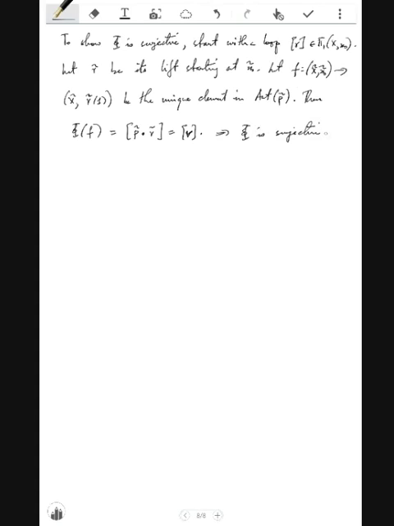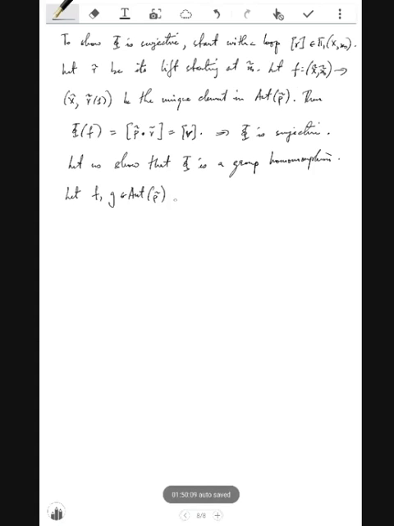So let us show that phi is a group homomorphism. Let f and g be in Aut of p tilde. Let x1 tilde be f of x naught tilde and x2 tilde be g of f of x naught tilde.